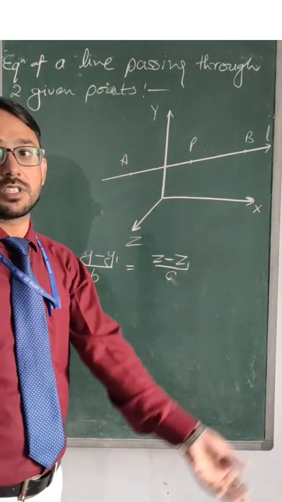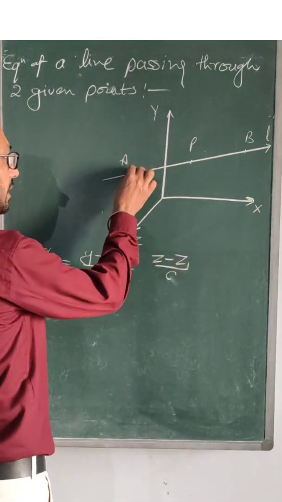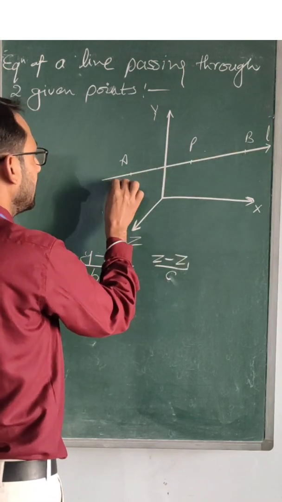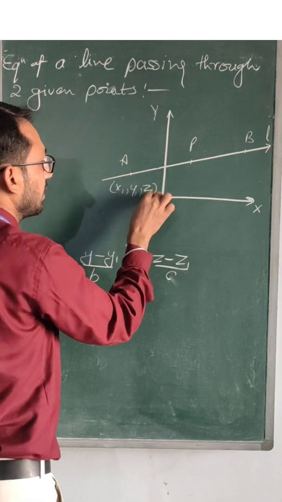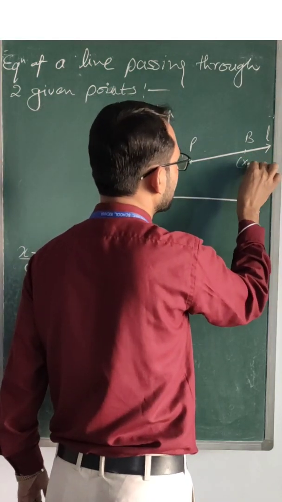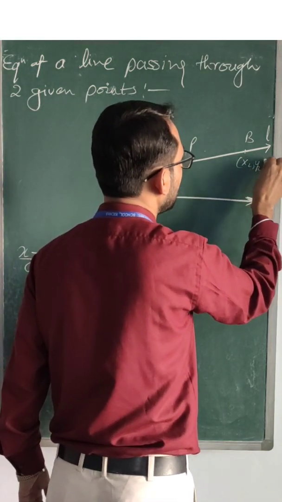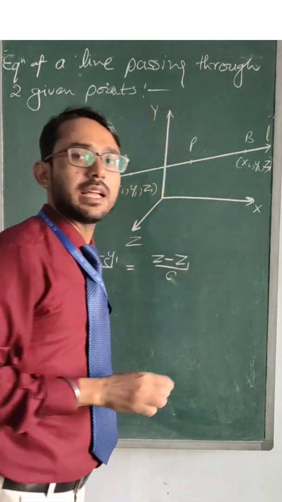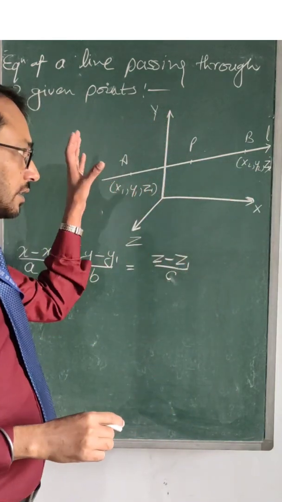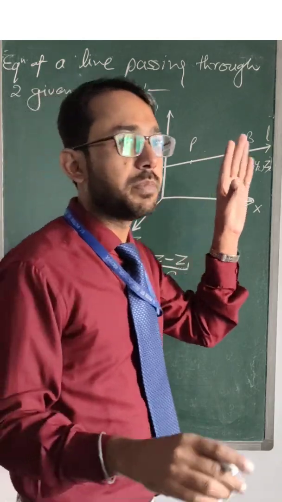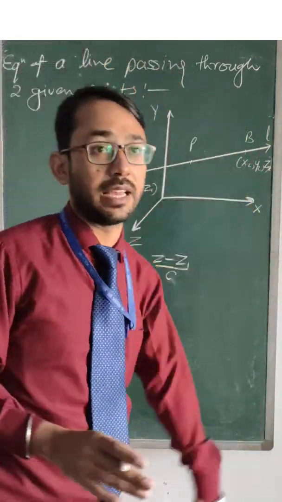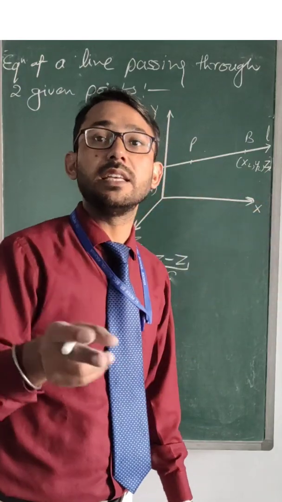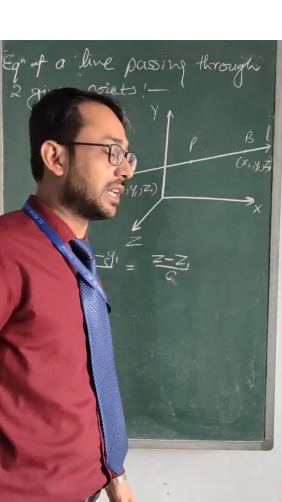Now with the same concept I am going to teach you the topic. We are taking 2 points A and B. Its coordinates are x1, y1 and z1, and the other point is x2, y2 and z2. These are the points through which the line passes. Now if I want to calculate the DRs of this line, what has to be done?